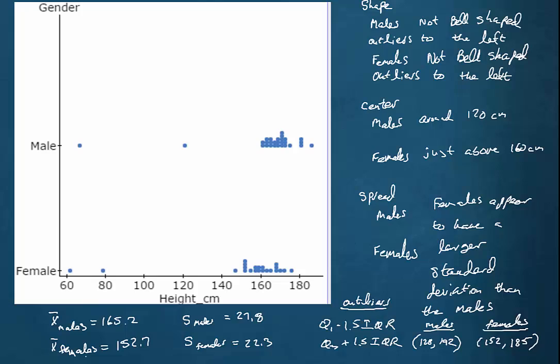So looking at this dot plot, then, we can see that the males do have outliers in these two lower data values, and the females do have outliers in the two lower data values. So when we made this conjecture by examining the dot plot, we find that conjecture to be true by finding these intervals.